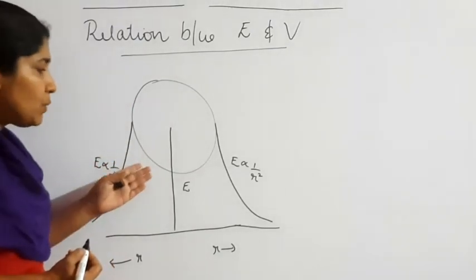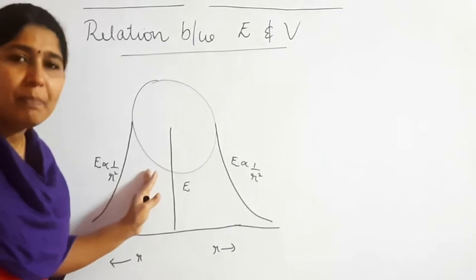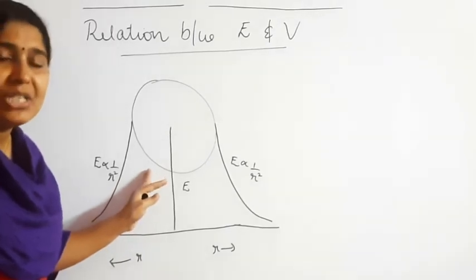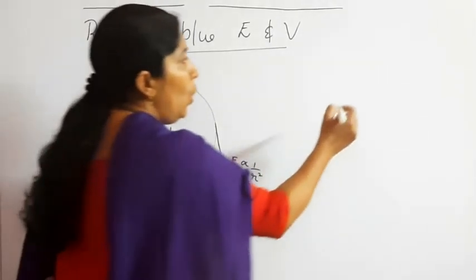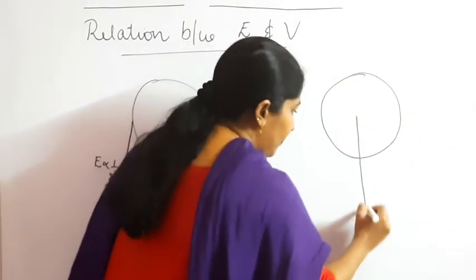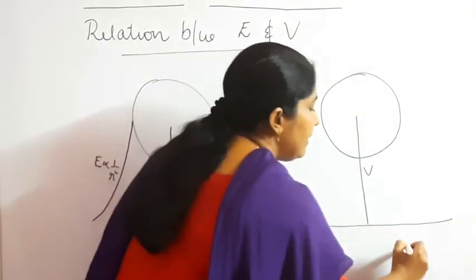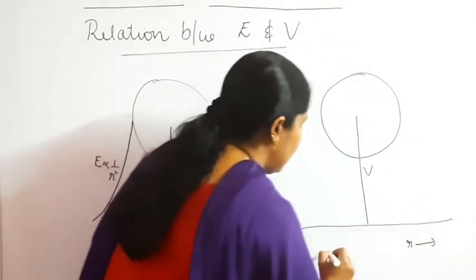Then, corresponding to this electric field and distance, we want to draw the graph between potential and distance. Again, we consider a shell, with potential along the y-axis and distance along the x-axis.